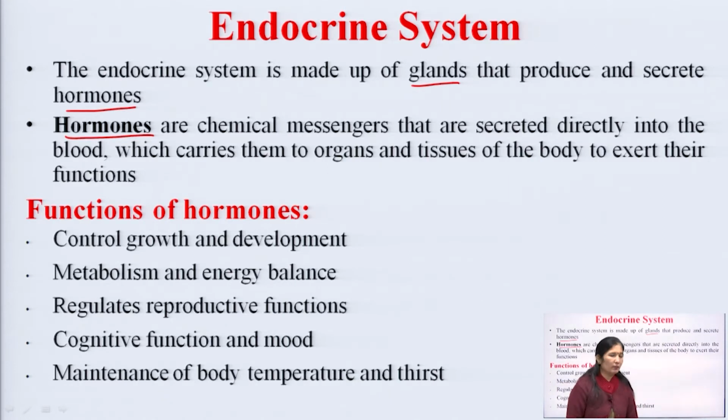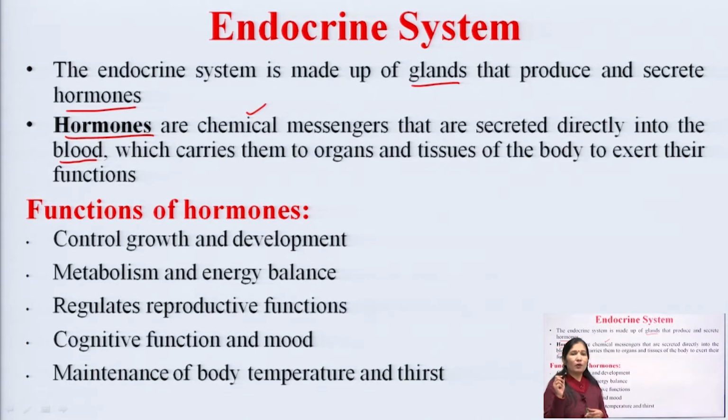So, what does that mean? That hormones are basically chemicals and these are secreted by a special type of cells, and these cells secrete hormones directly into the blood, and from blood these hormones go to their target site, that is where they produce their action.